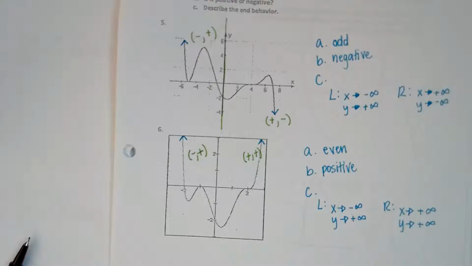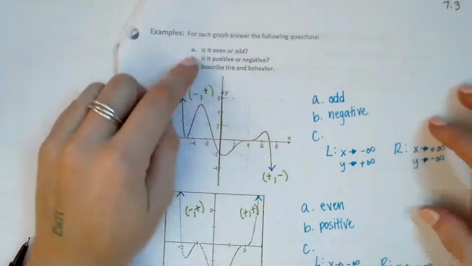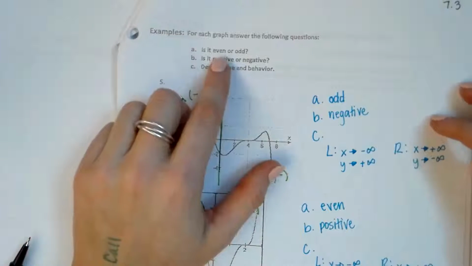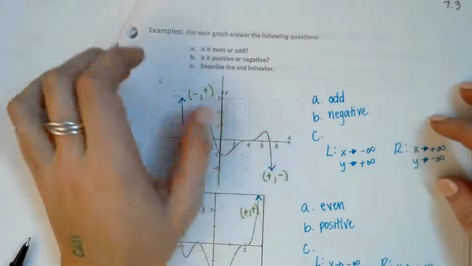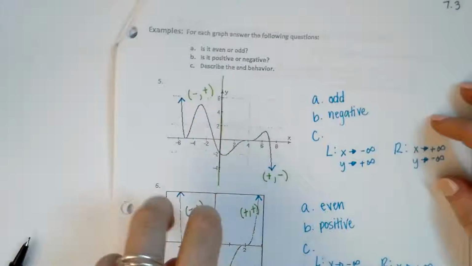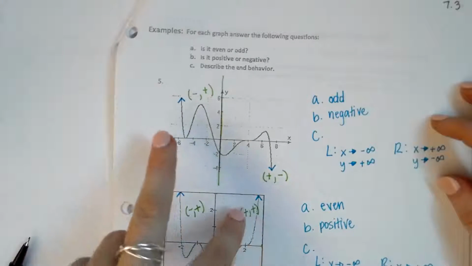So for homework tonight, you have to do all of this, and you also have to explain why it is either even or odd, and then positive or negative. It's even if both of your ends are going in the same direction, and it's odd if they're going in opposite directions.